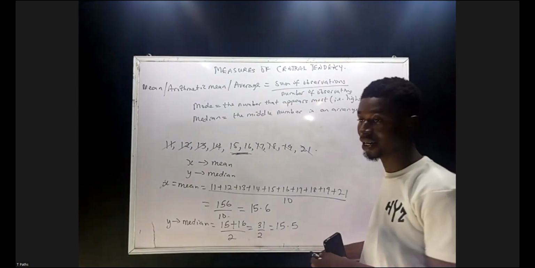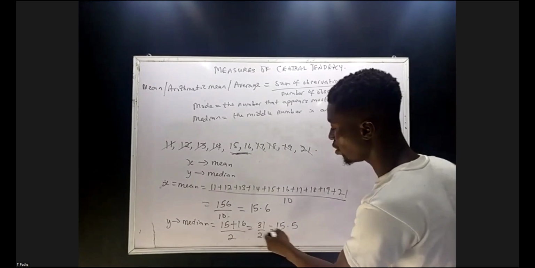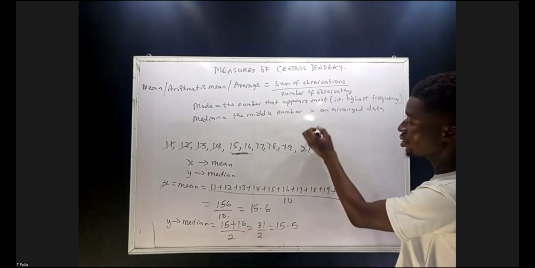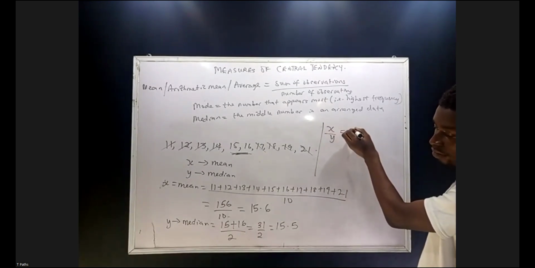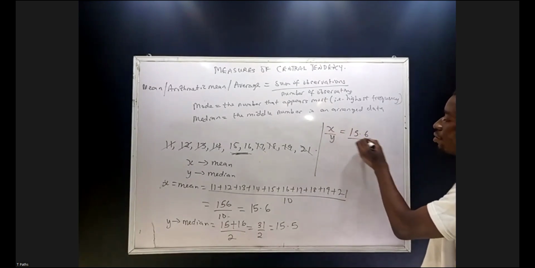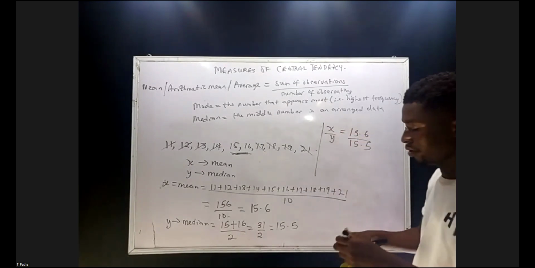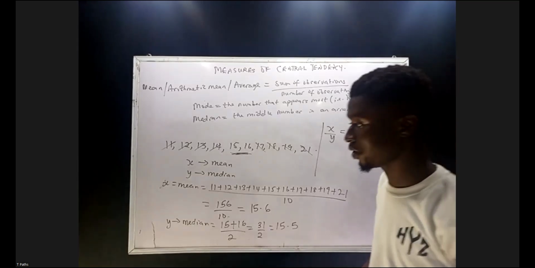X over Y. What will my X over Y be? Let me do that here. So my X over Y is simply 15.6 over 15.5. So I'll do 15.6 over 15.5.